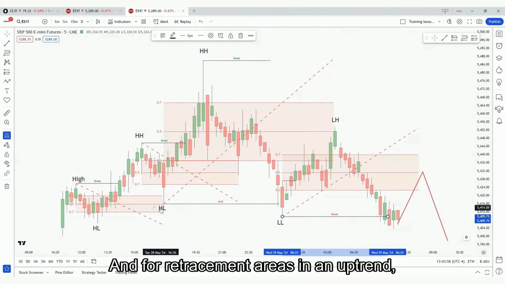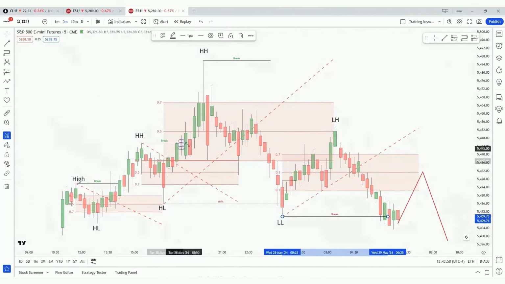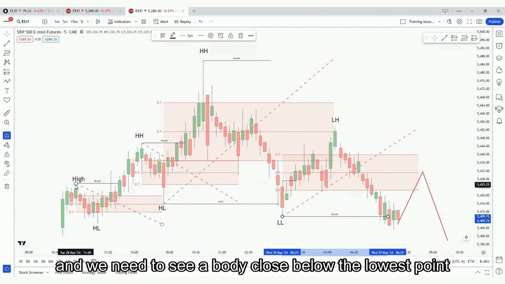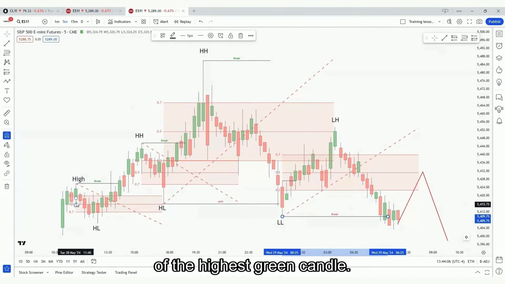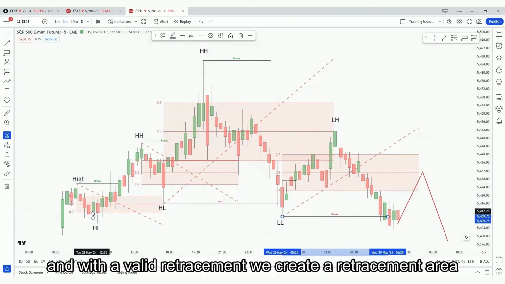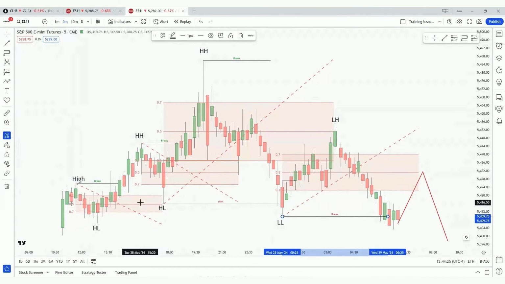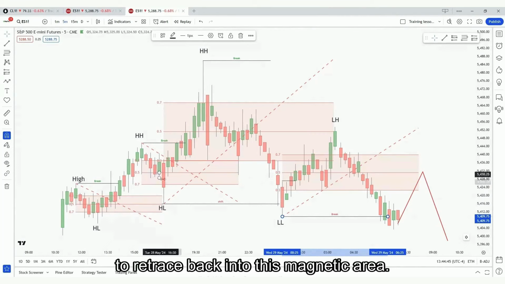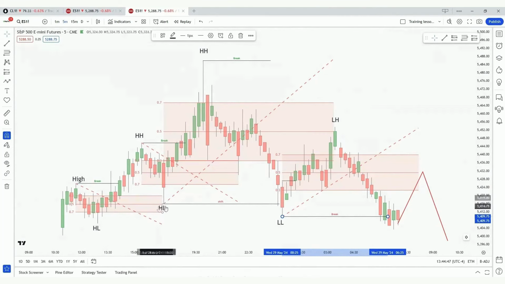And for retracement areas in an uptrend, we are looking at the highest green candle. And we need to see a body close below the lowest point of the highest green candle. If we see a body close below, we know we have a valid retracement. And with a valid retracement, we create a retracement area that's magnetic, and we expect price to retrace back into this magnetic area.